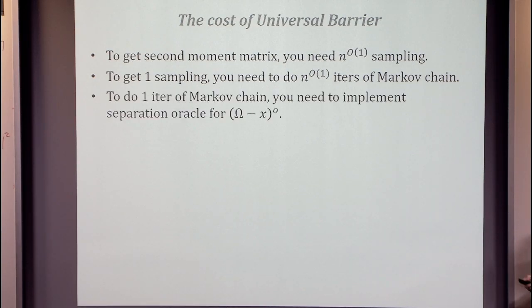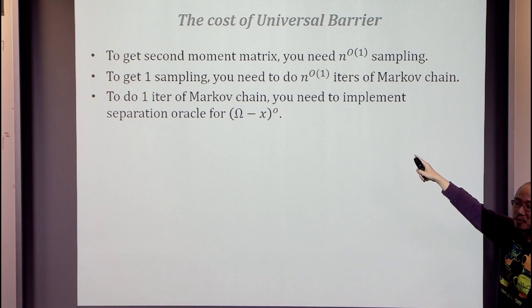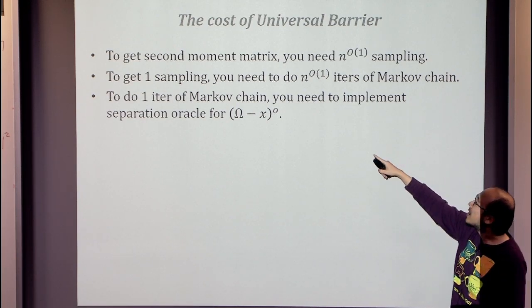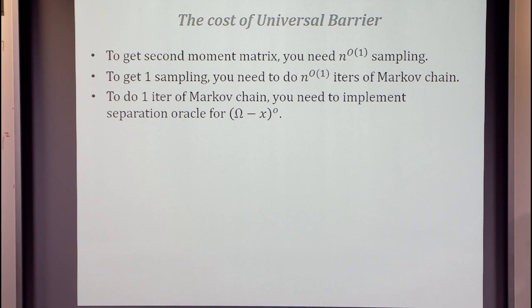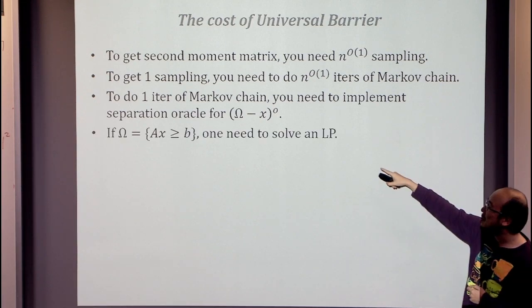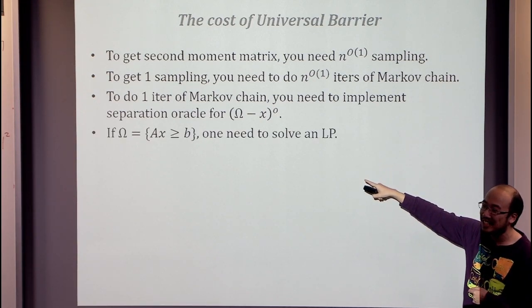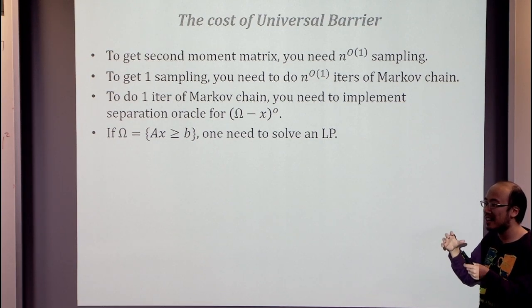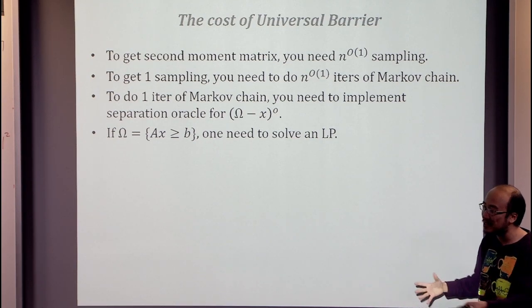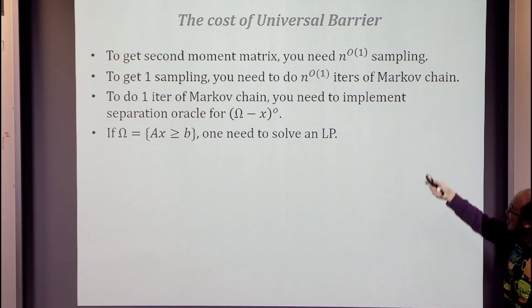But the major problem is that to compute one step of the Markov chain, you need to implement the separation oracle for this set. And the only way I know how to implement the separation oracle is to solve an LP on that convex set. So you are required to solve a similar LP. You didn't reduce the dimension or anything.